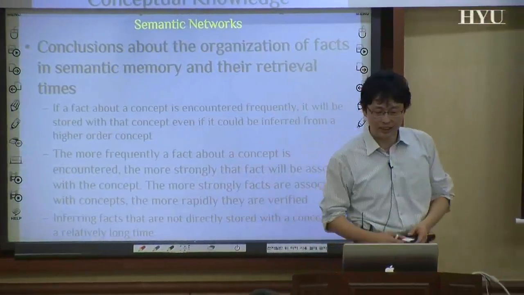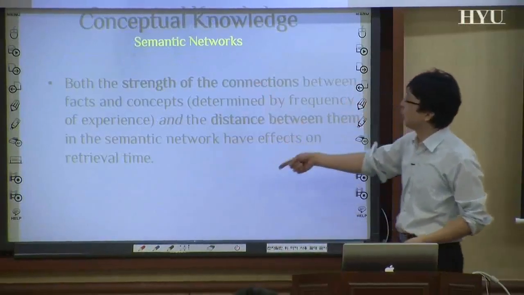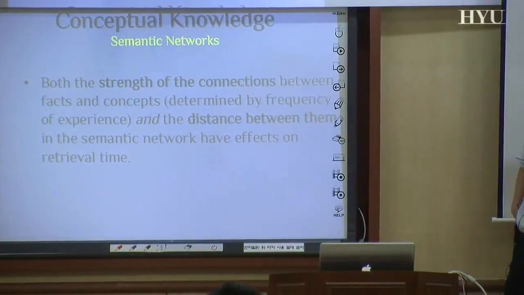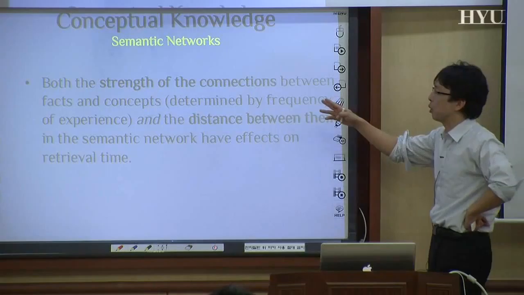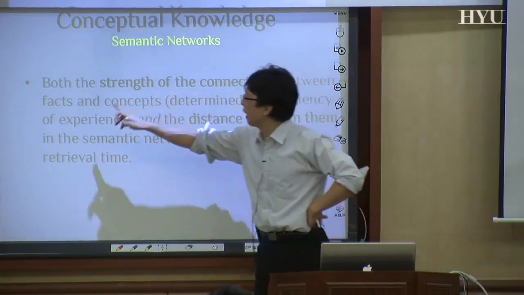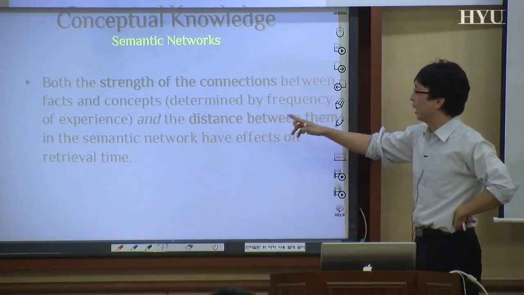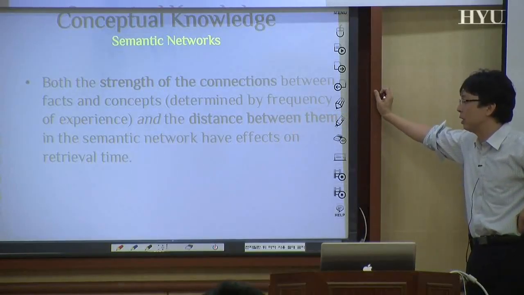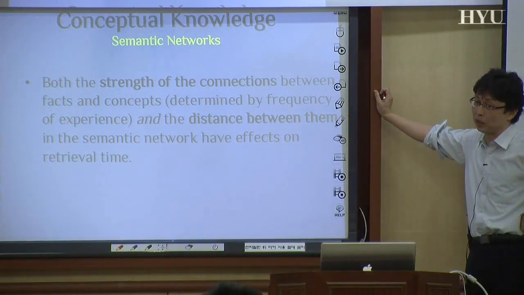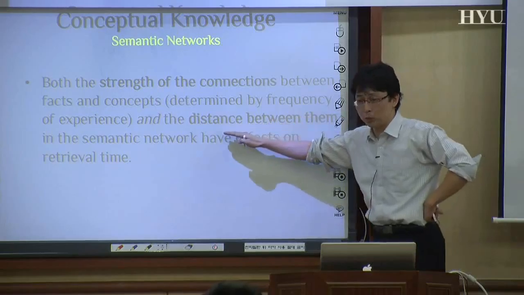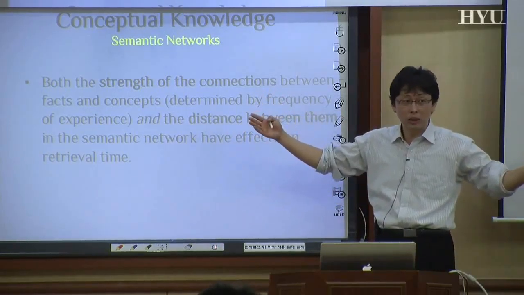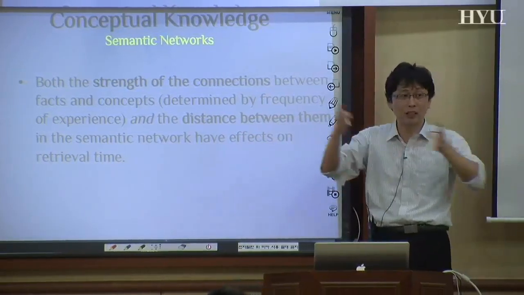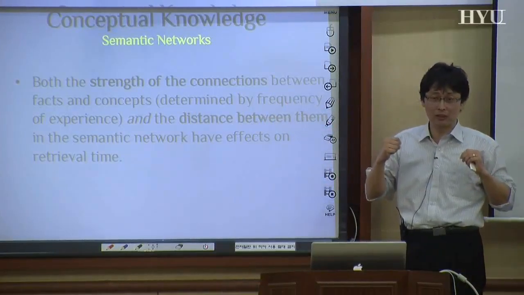Get it? Simple. So that is the final summary about semantic network. Semantic network was the strength of the connection between fact and concept, and the distance between them in the semantic network has effect on retrieval time. Such as distance is important. If you have longer distance, the farther away from one fact to the other, it takes time to retrieve it.